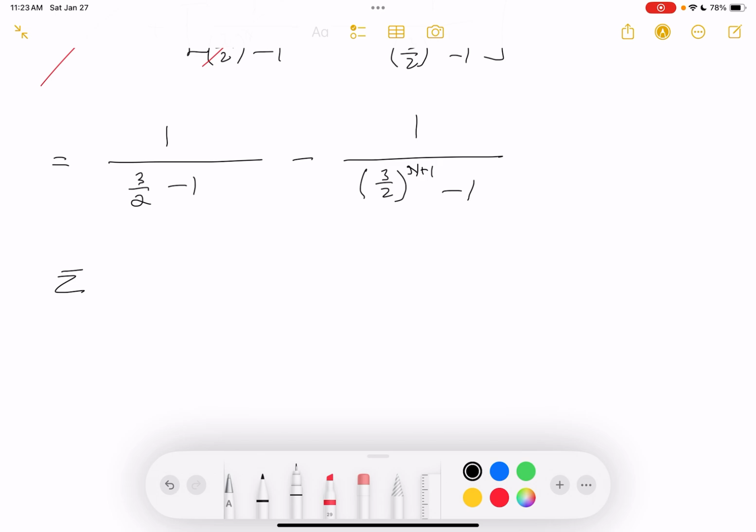So the infinite sum, and this is going to be n equals 1 to infinity, and I got to go back and read that again, although it's kind of memorable at this point.